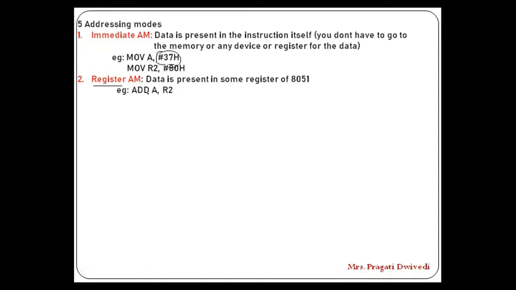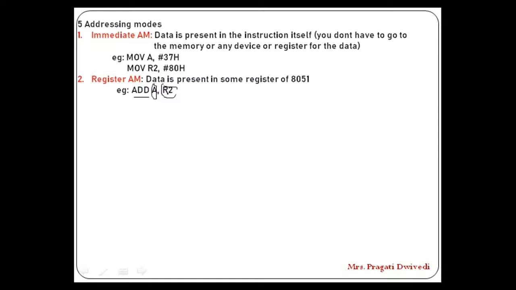So the example is ADD A, R2. In this instruction, ADD A, R2, one data is in R2, the other data is in the accumulator, the A register. You have to add them as the instruction says. So add the content of A and R2.